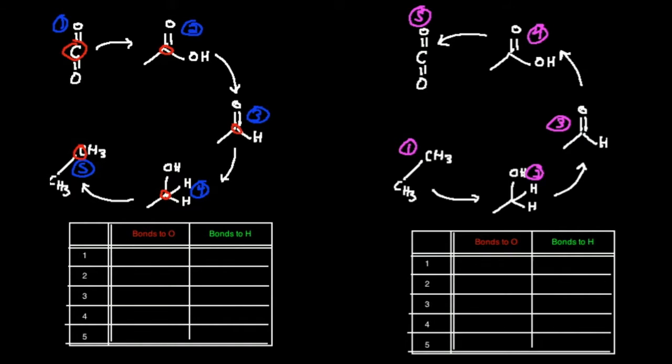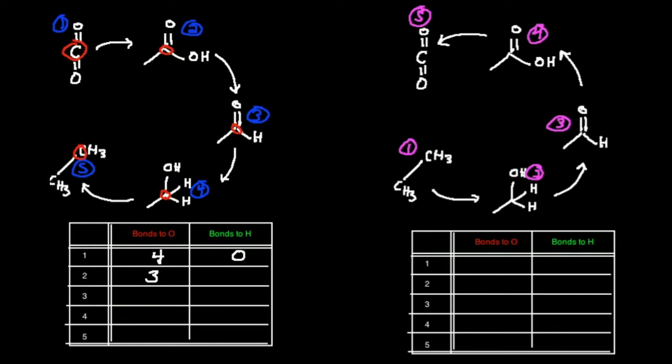So for number 1, carbon dioxide, how many bonds are there to oxygen? Well, there's 4. There's 2 sigma bonds and 2 pi bonds. So there's 4 bonds to oxygen. And how many bonds to hydrogen? 0. Now, number 2, that's acetic acid, that carbon that's red, how many bonds to oxygen? It's 3. How many bonds to hydrogen?